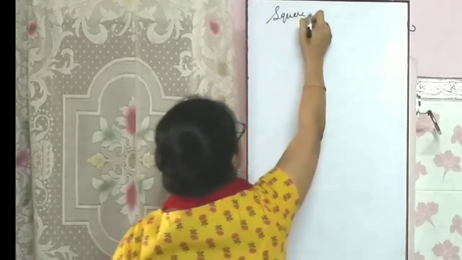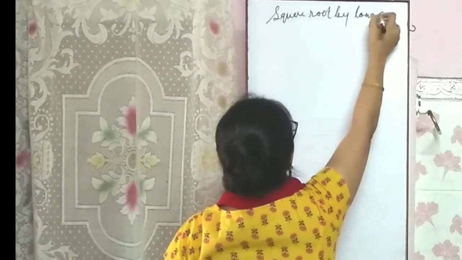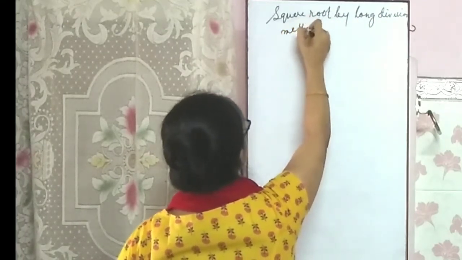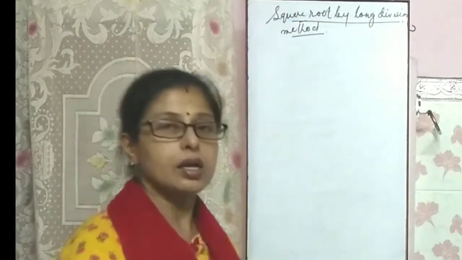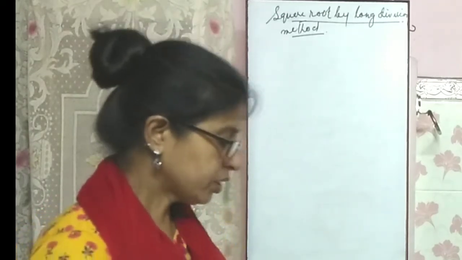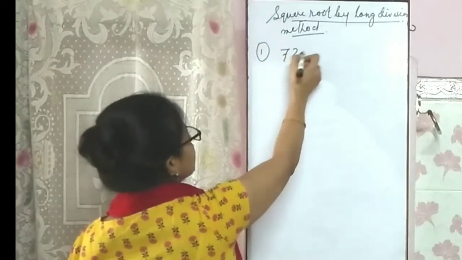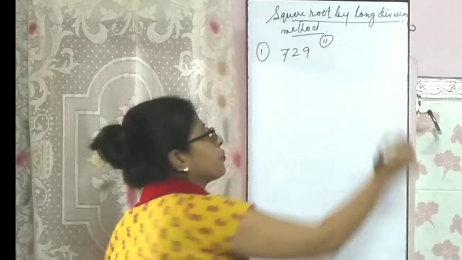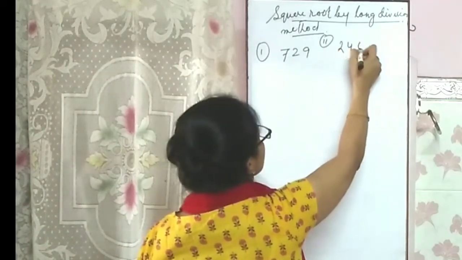Square root by long division method. If I take some examples, say 729, one more I'll take, any number we can take, 2409.